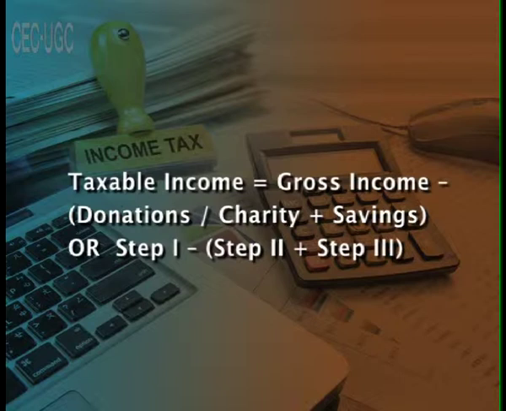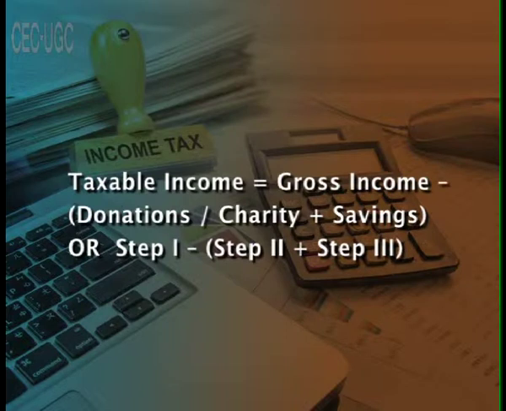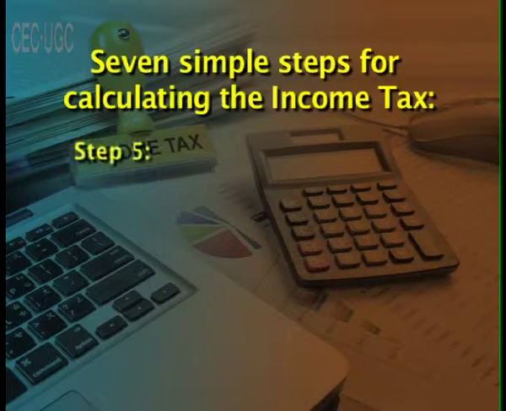So, both together, donations (charity) plus savings, you should deduct from gross income to arrive at your taxable income, which is step 1 minus steps 2 and 3. Isn't it quite simple, calculating the income tax?